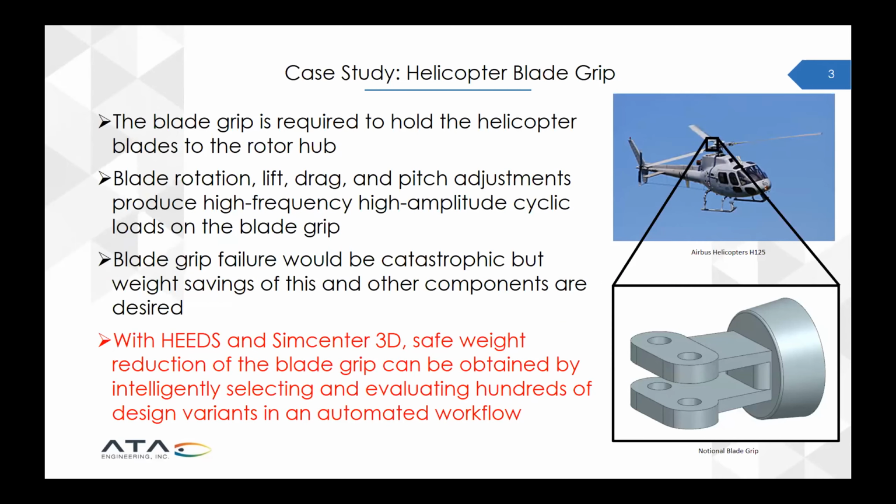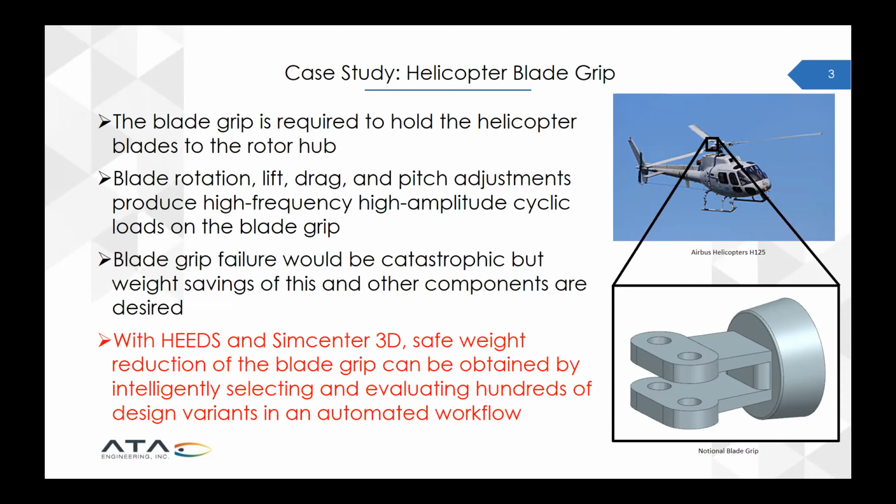The example I'm going to show you today is a helicopter blade grip. The blade grip is required to hold the helicopter blades to the rotor hub, so it's very important. The blade rotation, lift, drag, and pitch adjustments produce high frequency, high amplitude cyclic loads on the blade grip, and blade grip failure would be catastrophic, but weight savings of this and other components are still desired.